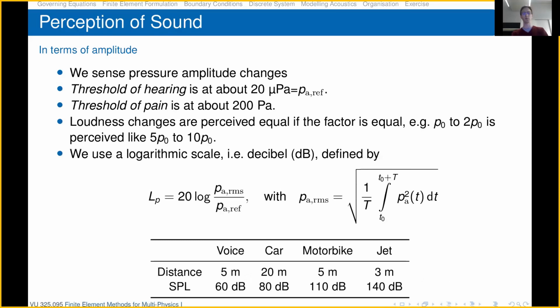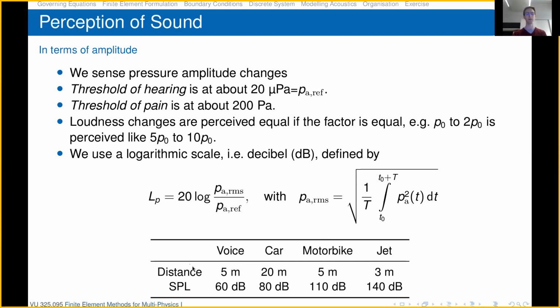And due to this large range of values we can perceive, we use a logarithmic scale. This is given in decibel. You can see here the sound pressure level, LP, and how it is computed from the pressure amplitude. Usually you take the RMS value here, and the reference pressure amplitude, which is our 20 micropascal.